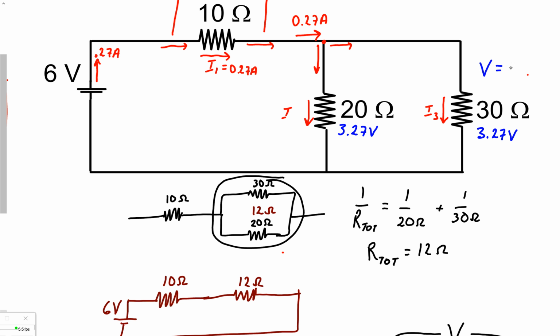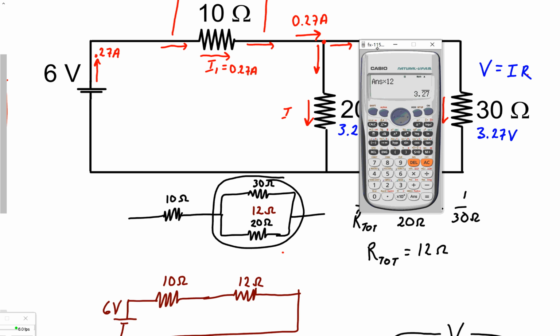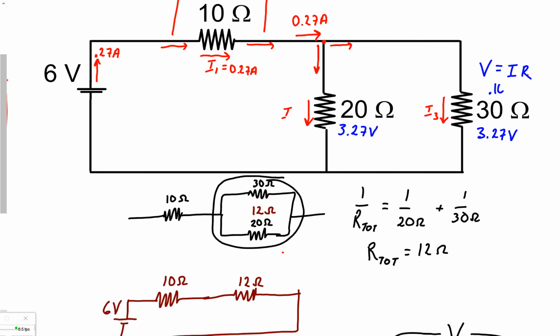And so what that would allow me to do is essentially do this. If I want to find I3, I know V is equal to IR, right? So all I would have to do is grab my calculator, and we would know that the V is 3.27 divided by an R of 30. And so that's 0.109 amps.